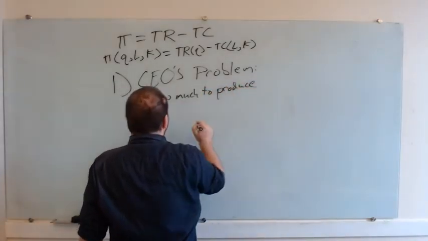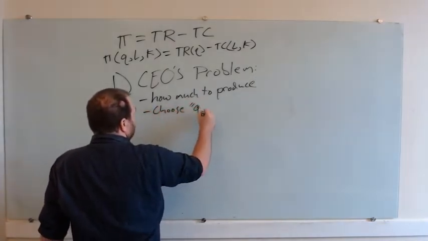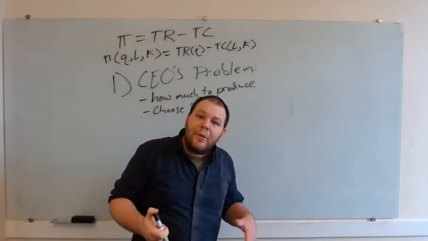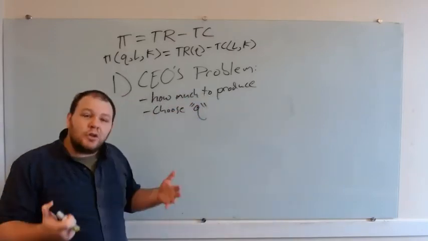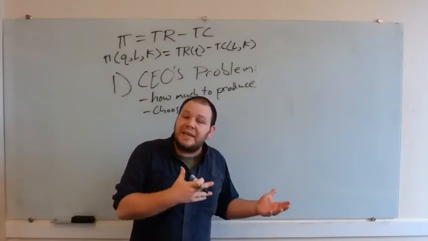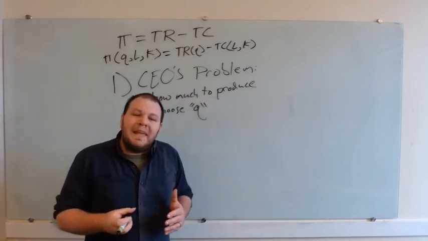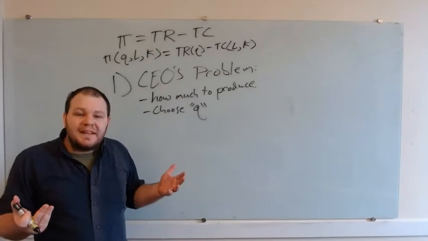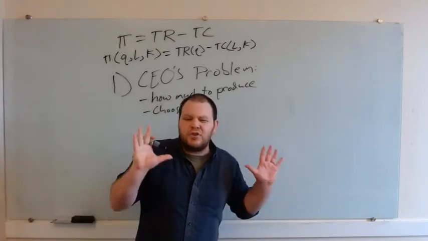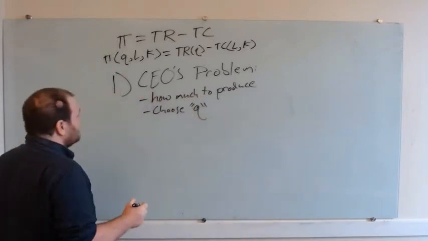In other words, we'll choose Q. And in order to solve that problem, we're going to balance the revenue we get from additional units of output against the cost of producing that output, right? The cost of inputs we need in order to produce that output. Now, in a more general sense, this would also include decisions about what output to produce, but for now we're going to assume there's just a single type of output that each firm produces. Okay. So this is kind of the CEO's problem.